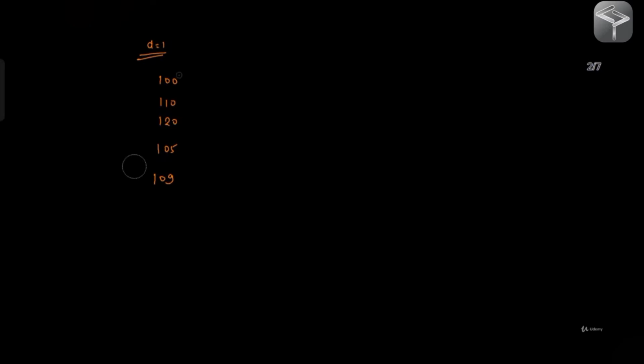Whatever operation I perform on this data is a shifting operation. Whenever I apply differencing on my data, I apply shifting. Let's say I apply a shifting of 1, which means differencing of order 1. All the data gets shifted over here.